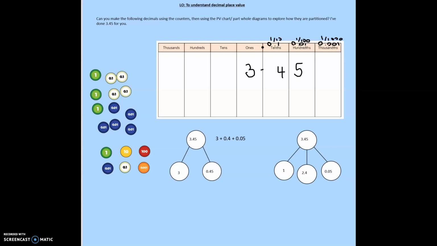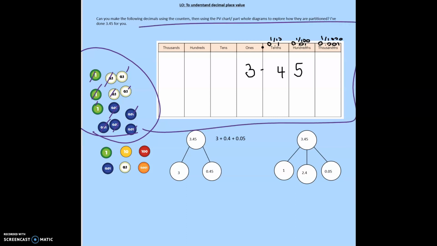So you can see on the board it says, can you make the following decimals using counters, then using the place value chart and part whole diagrams to explore how they are partitioned. So this is 3.45. Over here you can see I've got 3.45 because I've got 3 1 counters, I've got 4 0.1 counters, and I've got 5 0.01 counters, and I've put it here into my place value chart because I've got 3 ones, I've got 4 tenths, and I've got 5 hundredths.